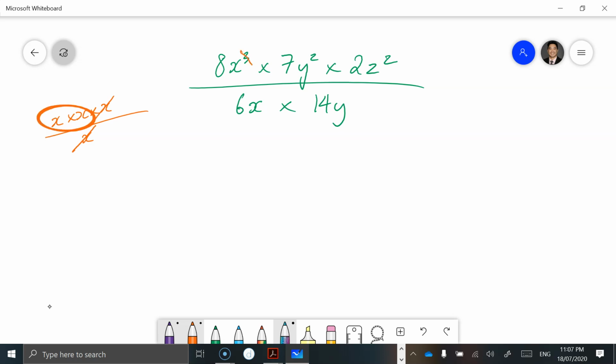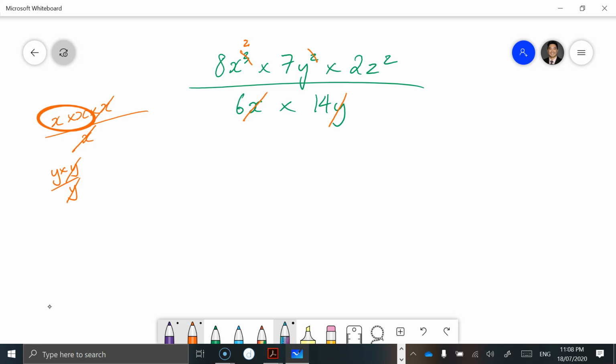So we'll just cancel that out like that. Same thing with y squared divided by y. Basically, it's just y times y divided by y. We can cancel out common factors, which leaves us with just y on the top. There aren't any other z's to cancel out, so you just leave it as is.